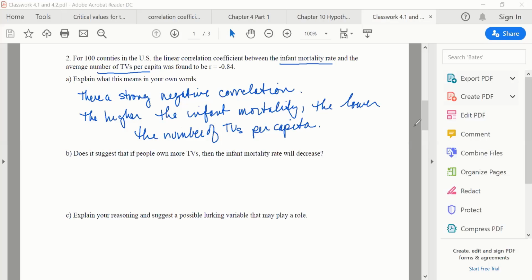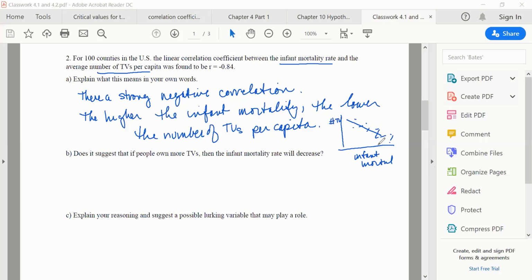Does that make sense? And on the picture, it would look like this. Here's the infant mortality, and here is the number of TVs. And we would expect a picture that goes this way. It's not a perfect picture. It's something like that.